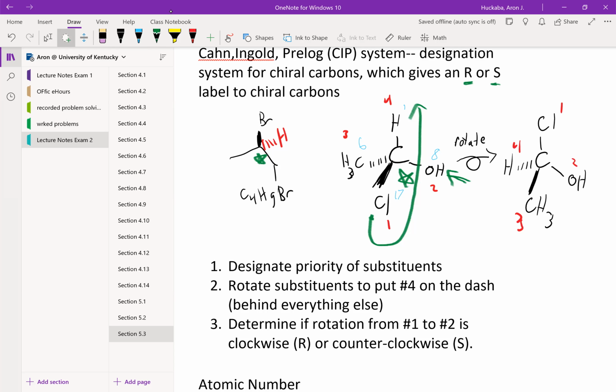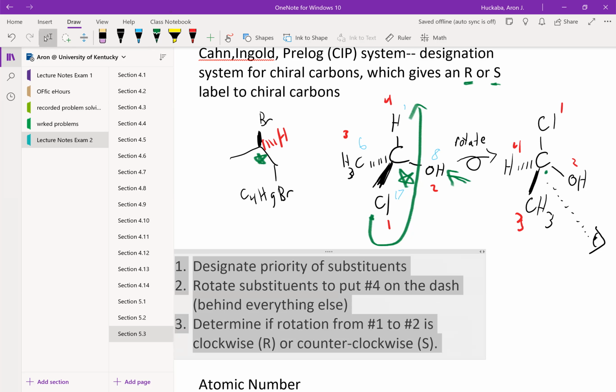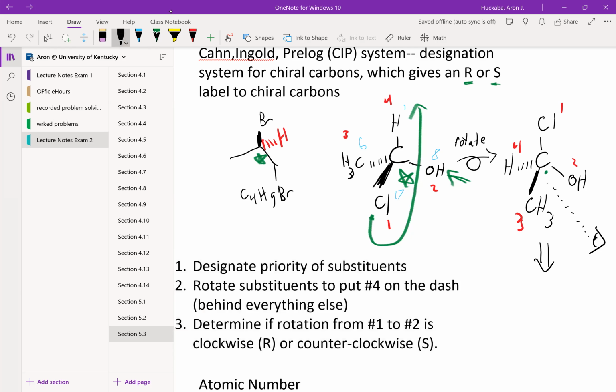Now all we have to do is rotate from 1 to 2 and determine whether that is a clockwise or counterclockwise rotation. So to do this now, imagine that we're going to make a Newman projection on this carbon. I think this is the best way to envision what you're seeing. So if the Newman projection is this way, where you're seeing that carbon, that means now your carbon is in the middle, right?